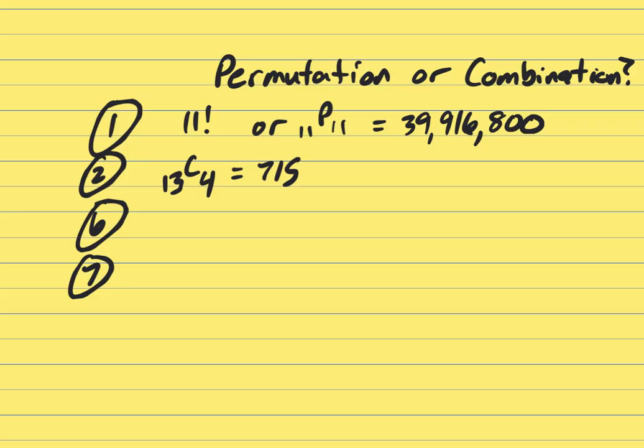Whoever gets the lead, right? They're not just going to randomly choose. Usually if the director is going to choose, they're going to probably pick the person they feel is the best person for that job, right? And so we have a specific position to fill. So we have 16 people, and we're going to pick or place 2 of them. You've got to fill the lead and then somebody that's going to be the alternate or the understudy.